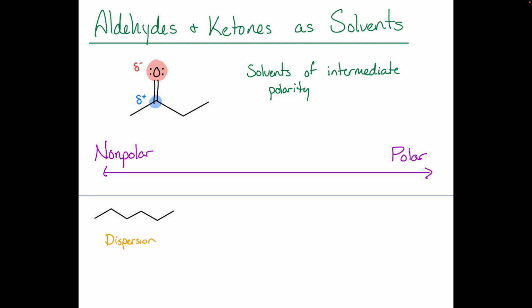Our aldehydes and ketones, because of that carbonyl group, sit kind of in the middle, a little bit closer to the polar end of the spectrum, and that's because they have dipole-dipole interactions. Even more polar on our spectrum would be, for example, our alcohols, or even water, which would be the most extreme, and that's because they have hydrogen bonding interactions.